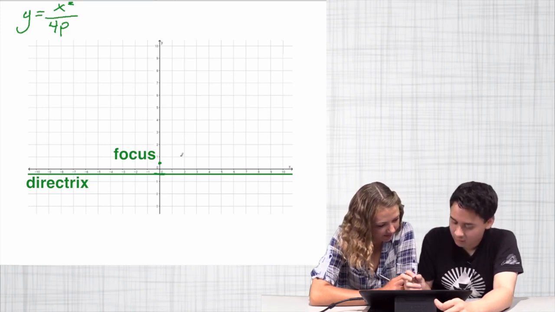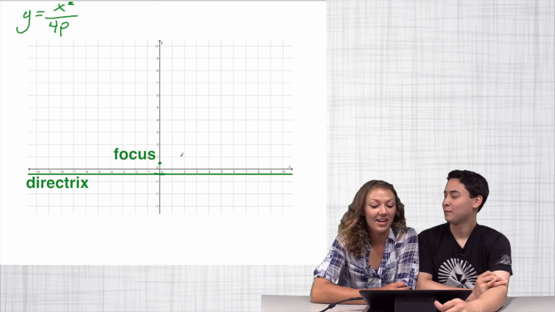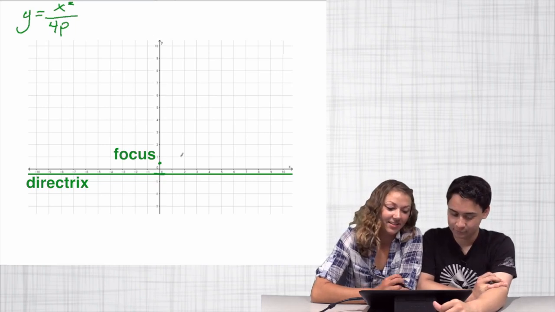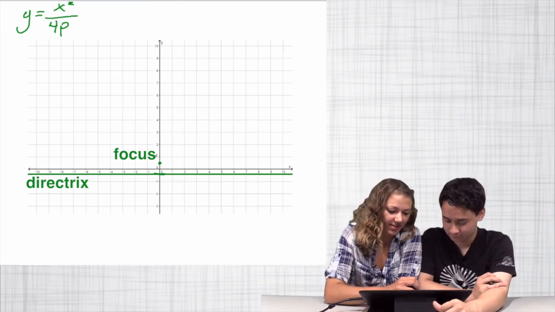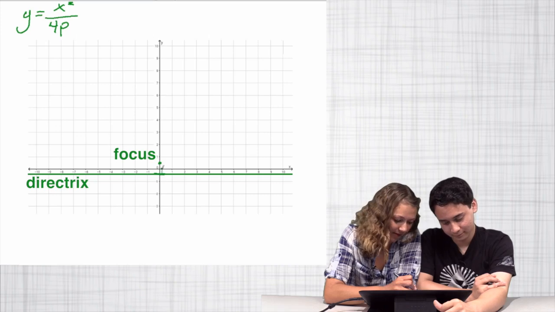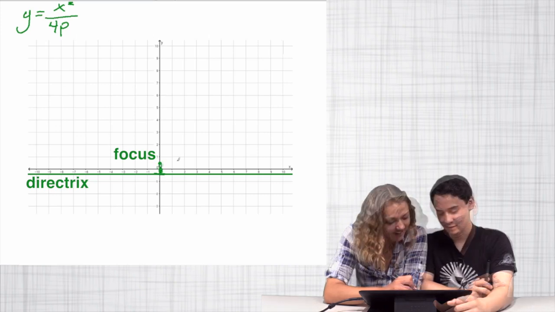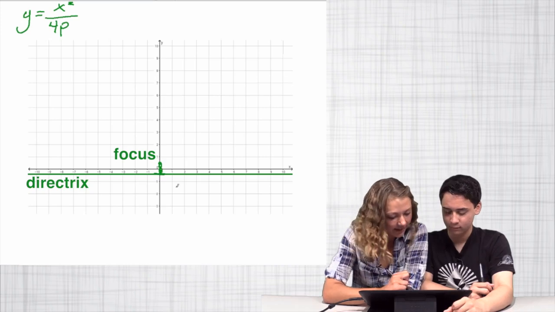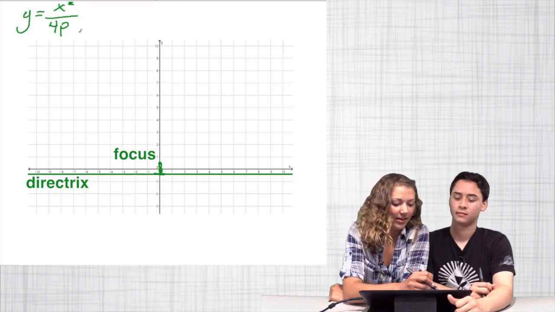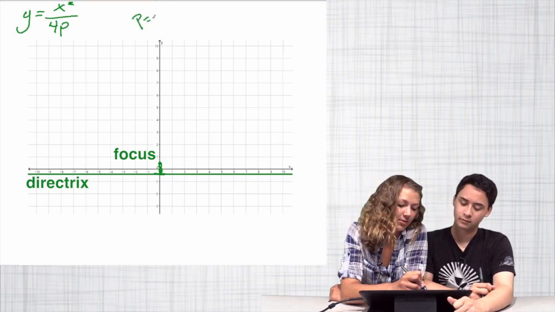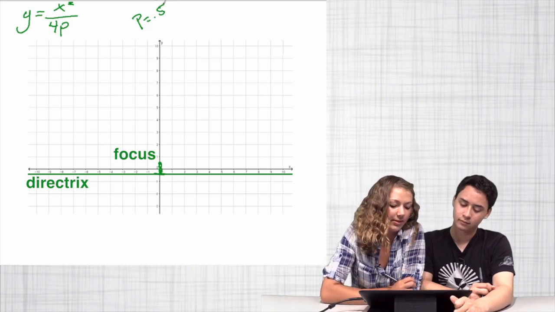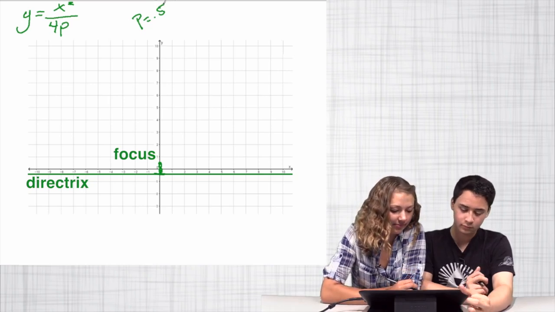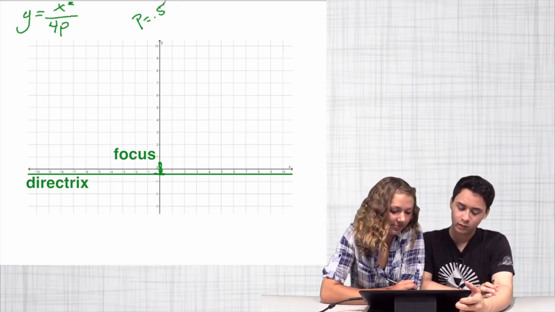I wanted to plug in, since p is our distance, the distance from the focus and the directrix and the point right there. So I said just p equals 0.5. All right, what would your equation be then when p equals 0.5?